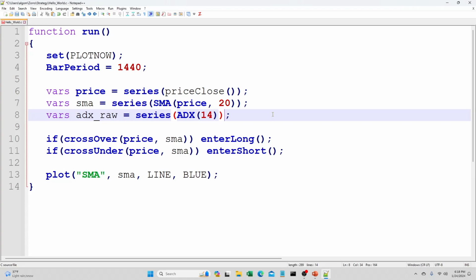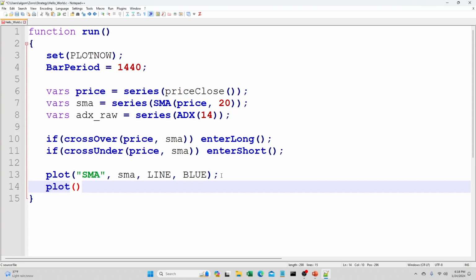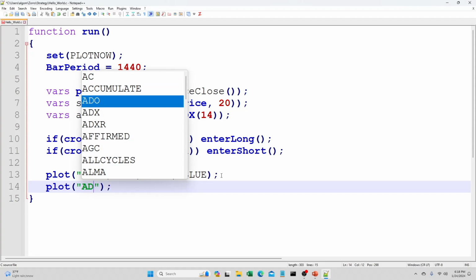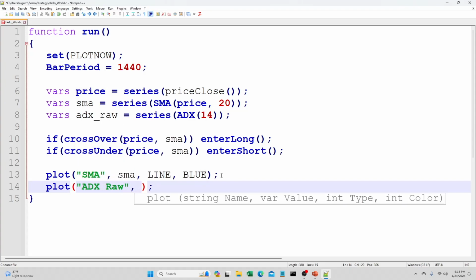Okay, now, before doing anything, let's plot this. Please do get into the habit of plotting as much as you can. A picture is worth 1,000 words, they say, and right they are. So let's plot this ADX in its raw form, and let's give it a new panel.